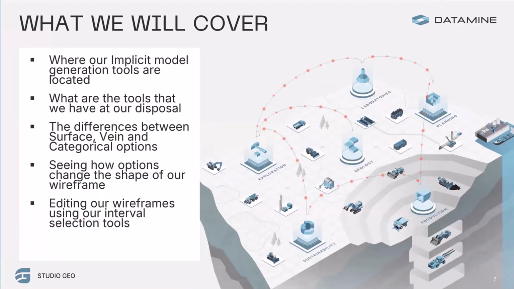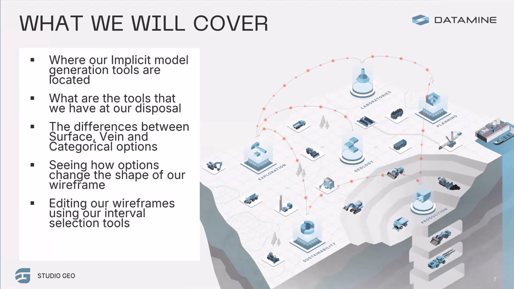Okay, so what are we going to cover in this section? So we're going to cover where our implicit modeling generation tools are located, so where to find them in the 3D screen. We're going to then look at what tools that we have at our disposal, and this will include a couple of kind of demos into how some of the tools work.